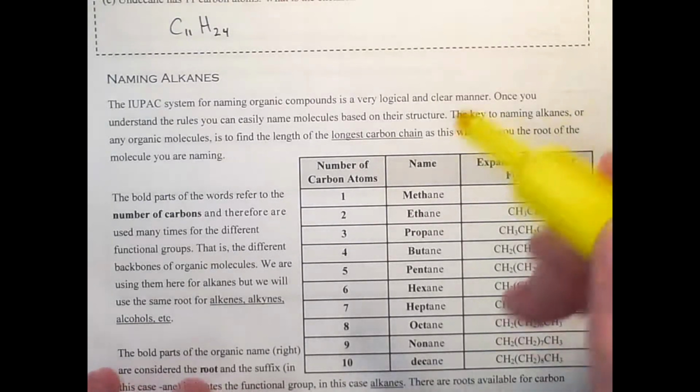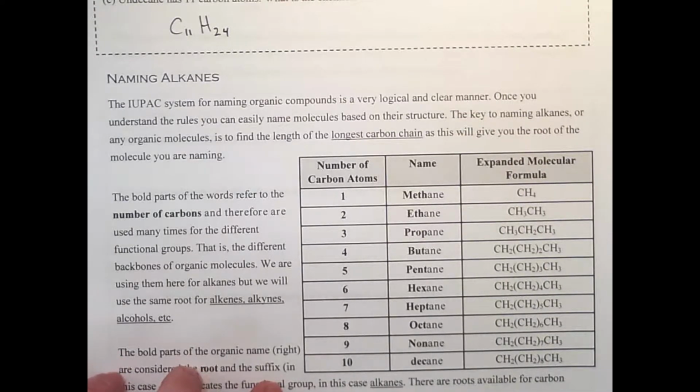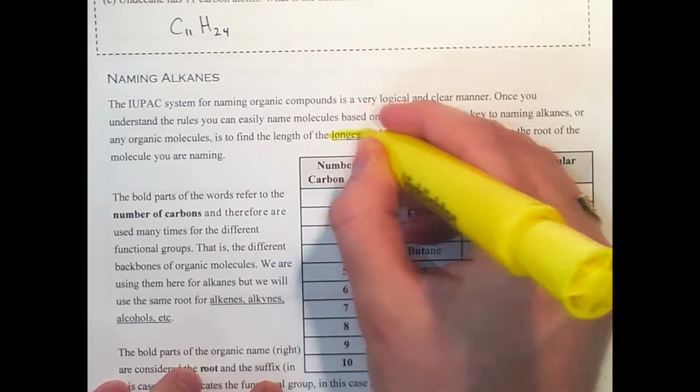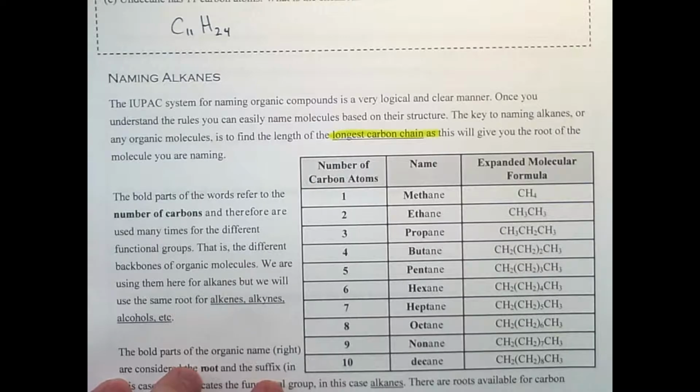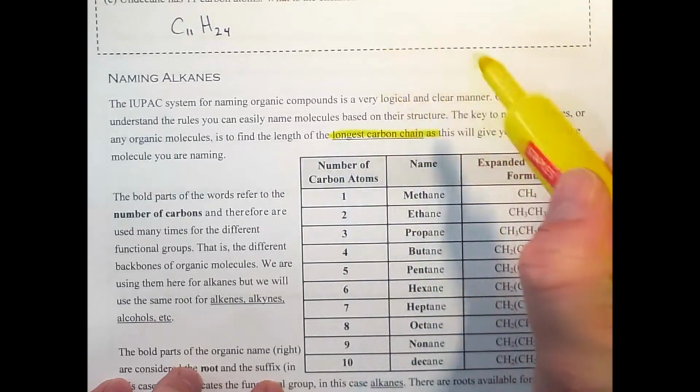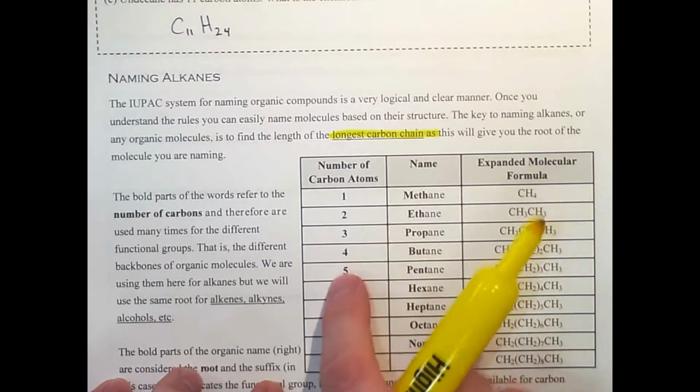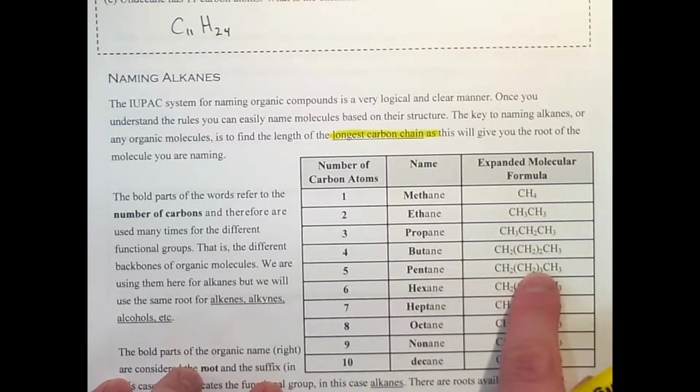So the biggest key to naming alkanes is to find the longest continuous carbon chain and give it a name. For example, in a molecule where the longest continuous chain I could find is 5 carbons, I would have a pentane.